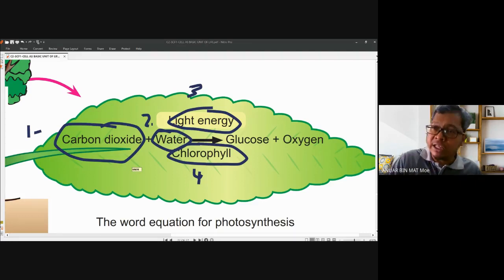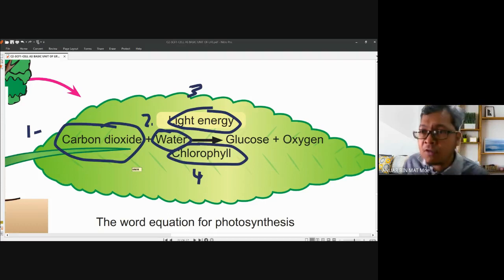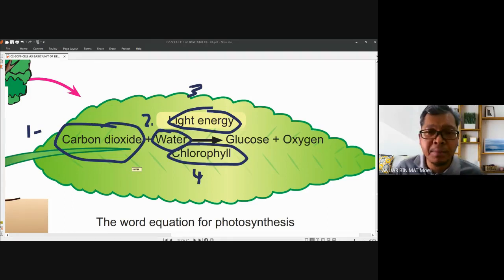We breathe in oxygen, and then we release carbon dioxide. So there is also carbon dioxide in the air. So usually the plant will get the carbon dioxide from the air as well. Not just from humans, but also from animals, and also from cell respiration.